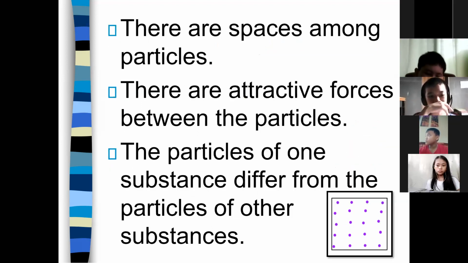Also, class, there are spaces among the particles, but in a solid, there is no such space. Okay? The spaces, class, allow particles to attract other particles or mix up with some other particles. No? The particles of different substances could either be mixed or not be mixed.